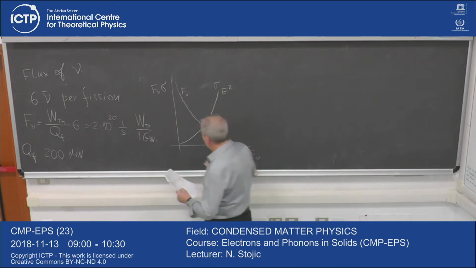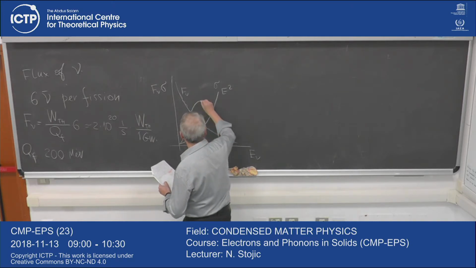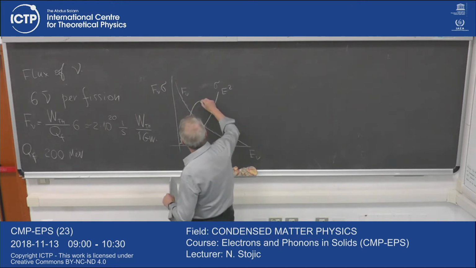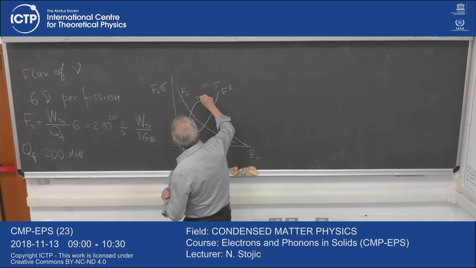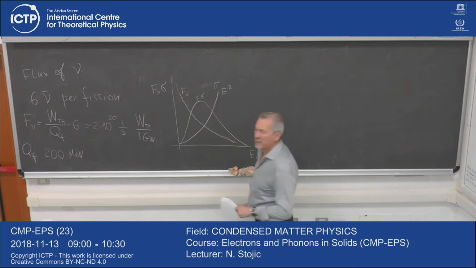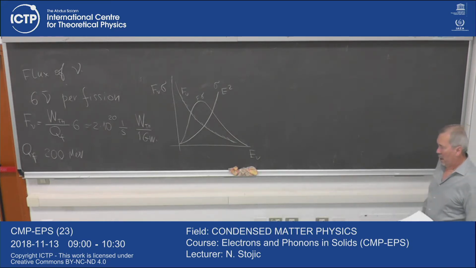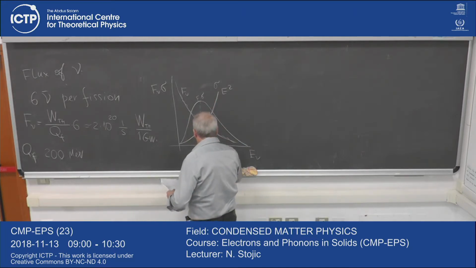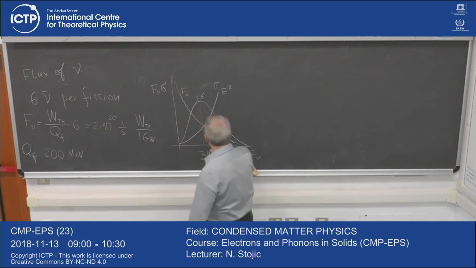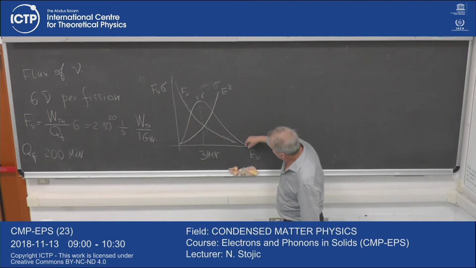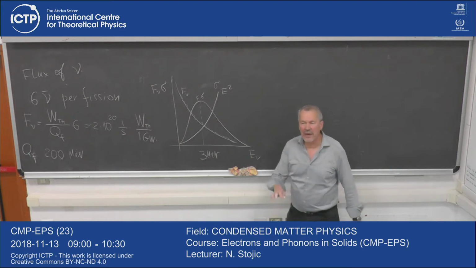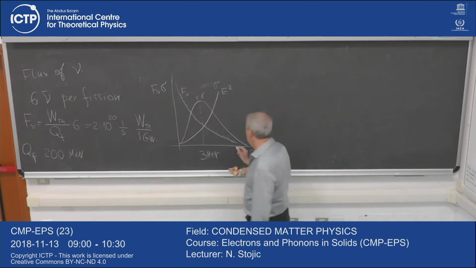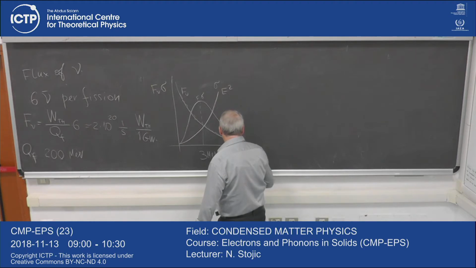Therefore, the number of events should have a dependence like this. So that is F times sigma, the number of events. It has a maximum at about 3 MeV, and the spectrum of events actually continues up to, say, 8, 10 MeV. So this is the typical spectrum of neutrinos from reactors.